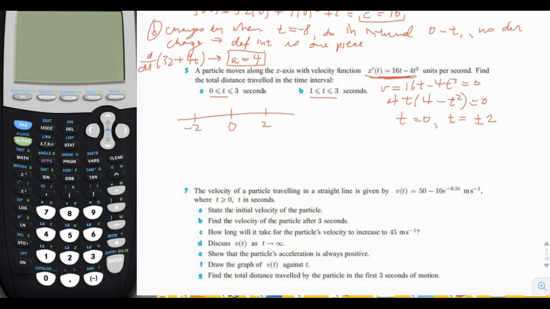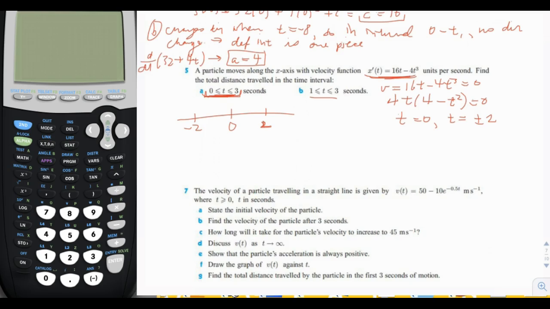Okay. And, oh, look at that. They're asking for the total distance traveled between 0 and 3. But we already know that there is a direction change at t equals 2. Oh, man. So, we know that we cannot find this distance without cutting it up into pieces. All right? So, let's just figure out the sign changes here.